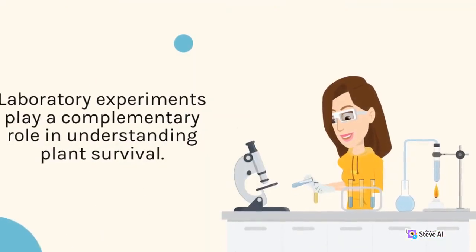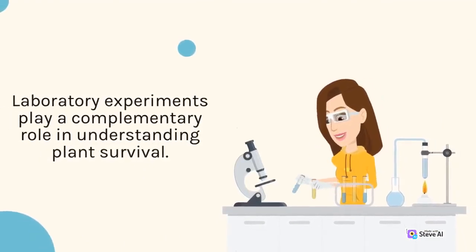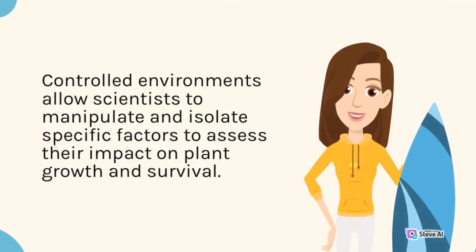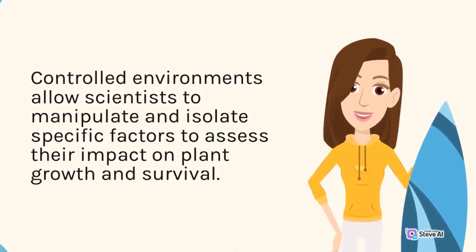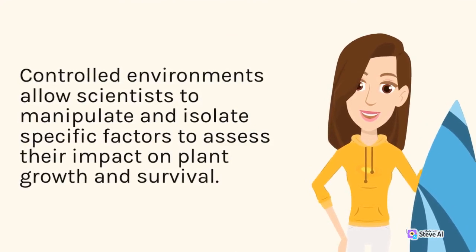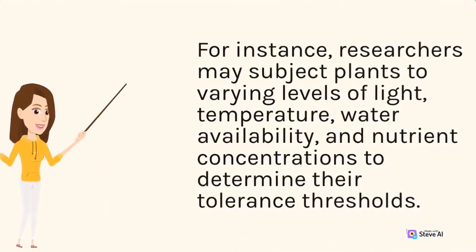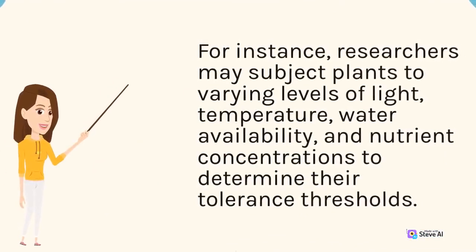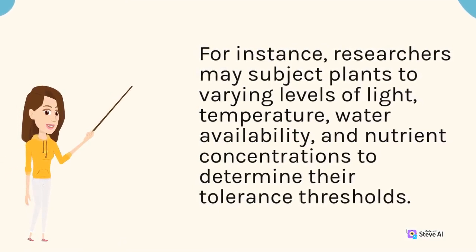Laboratory experiments play a complementary role in understanding plant survival. Controlled environments allow scientists to manipulate and isolate specific factors to assess their impact on plant growth and survival. For instance, researchers may subject plants to varying levels of light, temperature, water availability, and nutrient concentrations to determine their tolerance thresholds.